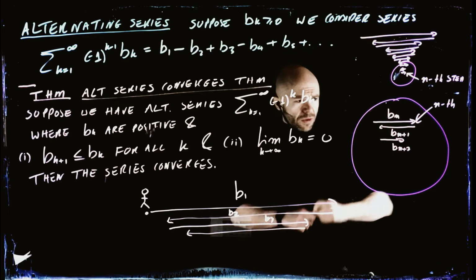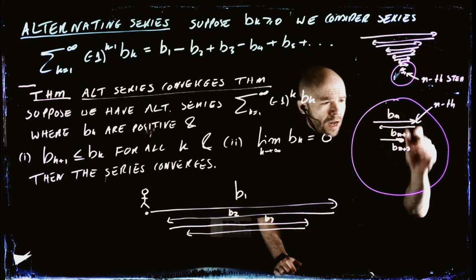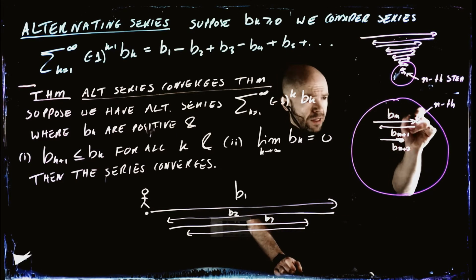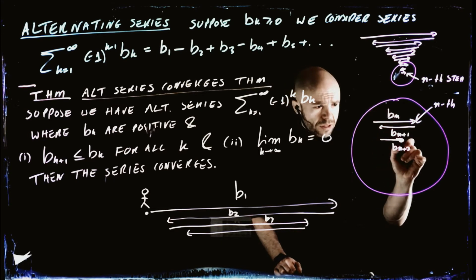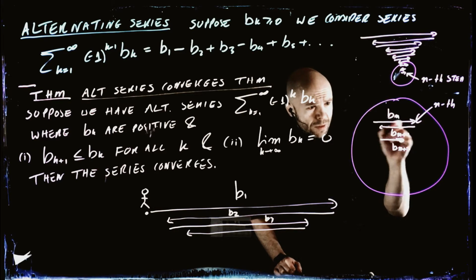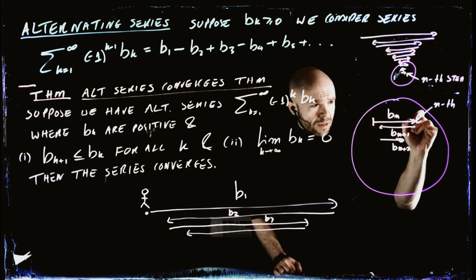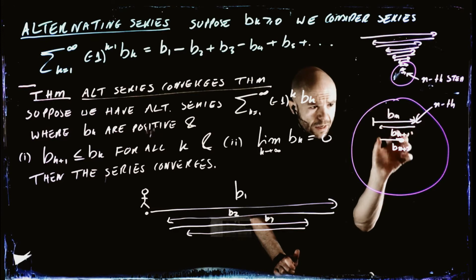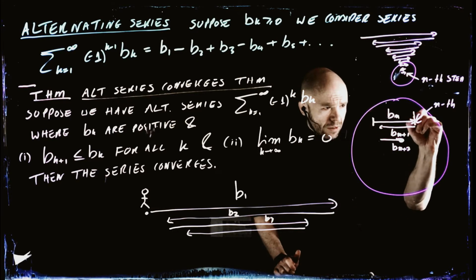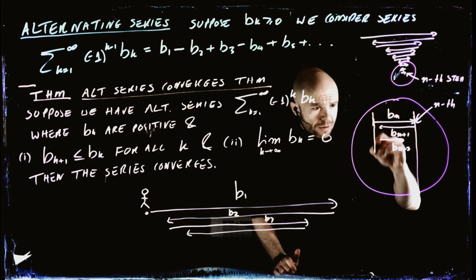But notice, at Bn+2, we are not as far to the right as we were at the nth step, because Bn+1 is less than Bn, and Bn+2 is less than Bn+1, right? So after moving back like this, we are somewhere between here, and then we move forward by something which is less than this length. So we're still trapped between these two lines.